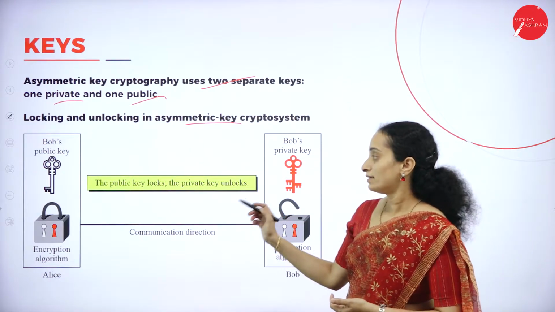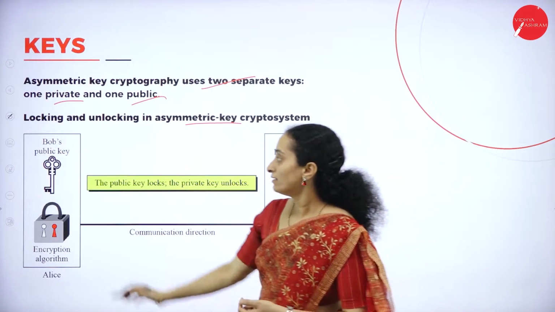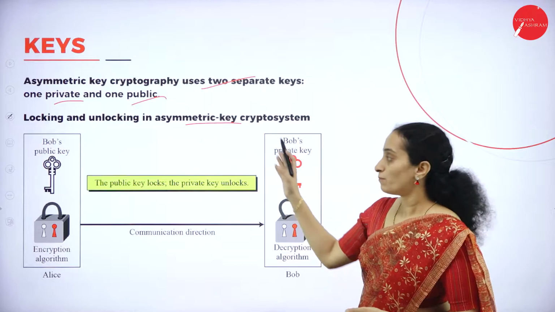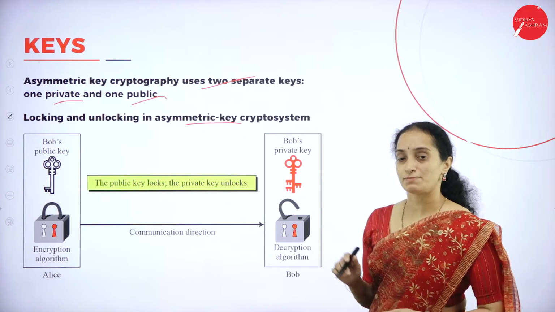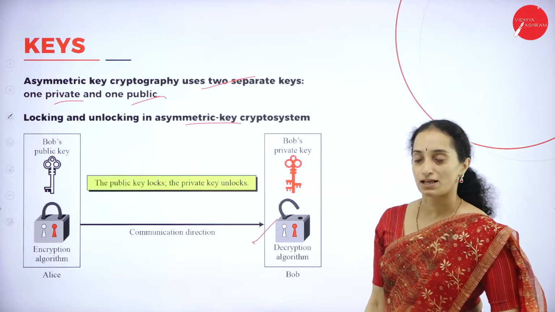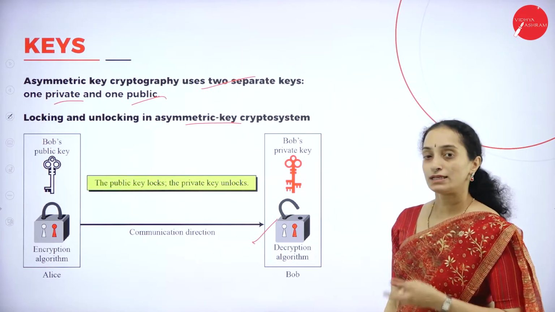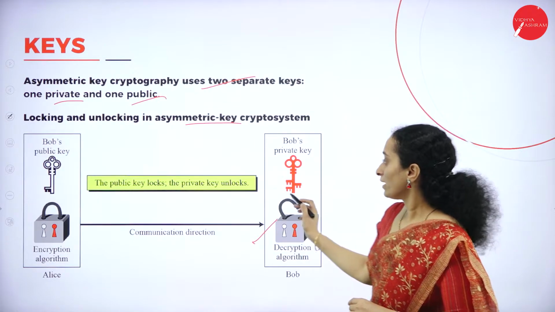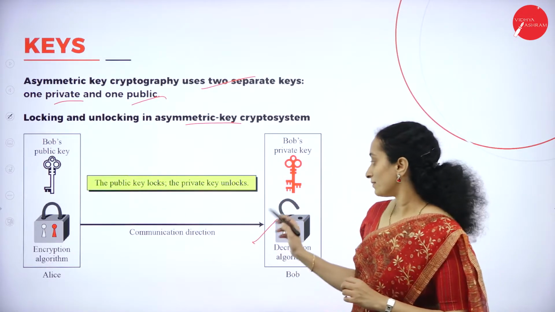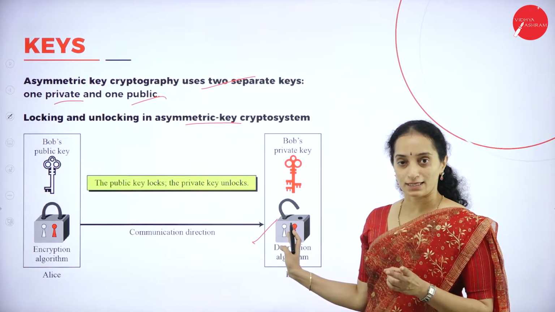How is it going to do? Here we have the public key of the receiver. Both public key as well as private key will be generated by the receiver himself. He is going to generate both the keys. Okay, public key is sent to the sender. Receiver generates both the keys.